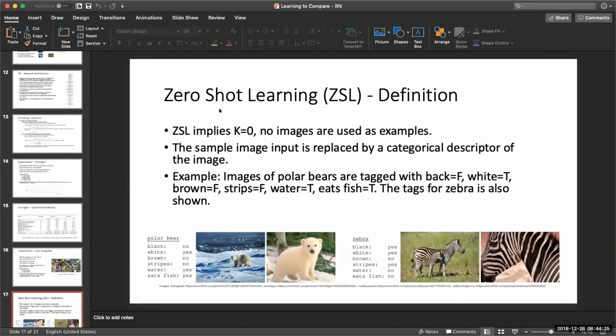However, I thought I'd just give the definition of that. ZSL, zero-shot learning, is when you set K to 0. So you don't have images to be used as examples. The sample images are replaced by categorical descriptors of the image.